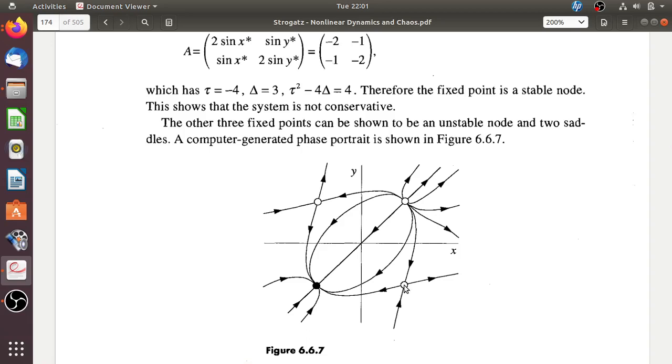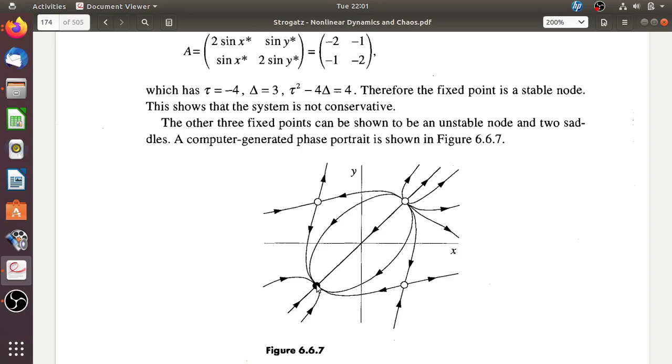Okay, and because of the time reversal, if you look here, we observe that the trajectory is coming out of this fixed point, whereas here we observe that it is coming towards the fixed point.